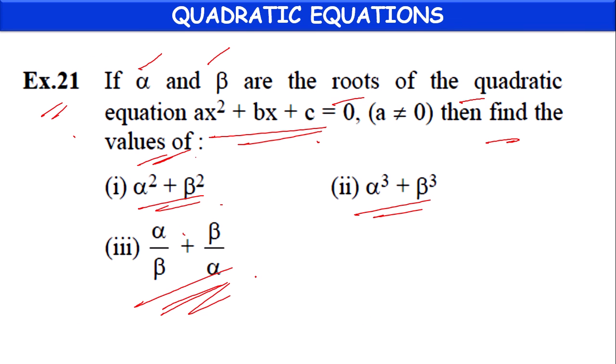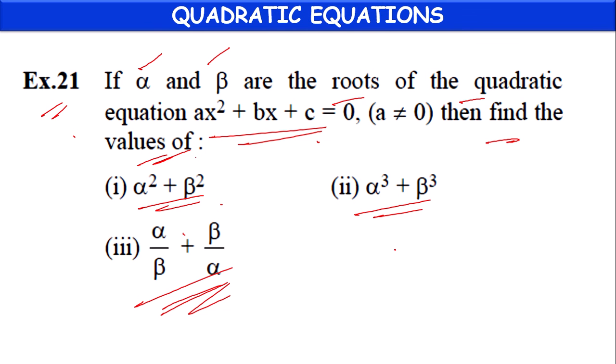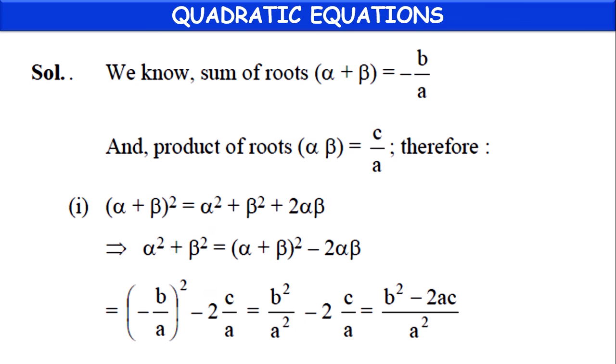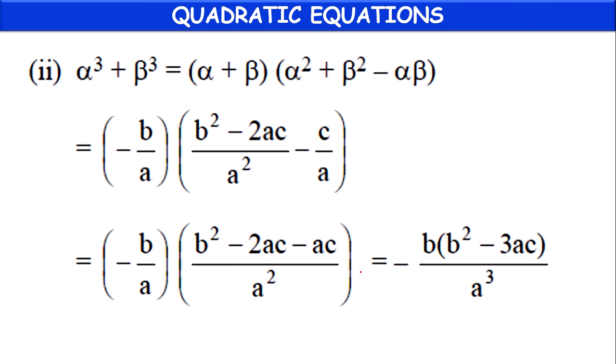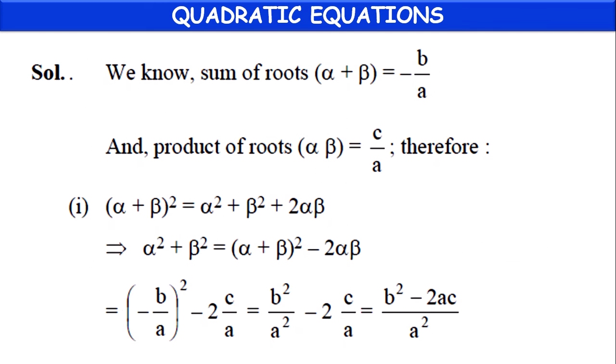This we have to find out. First and second, you can do them as homework, children. You can take a screenshot and do them as homework. Third one, I will be explaining now.